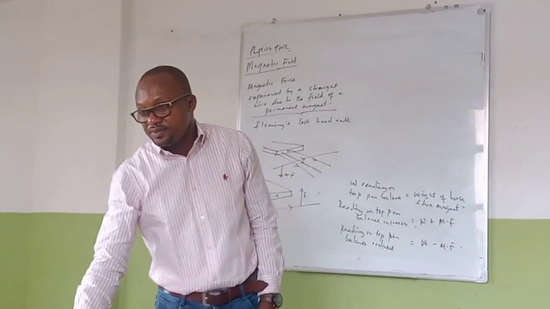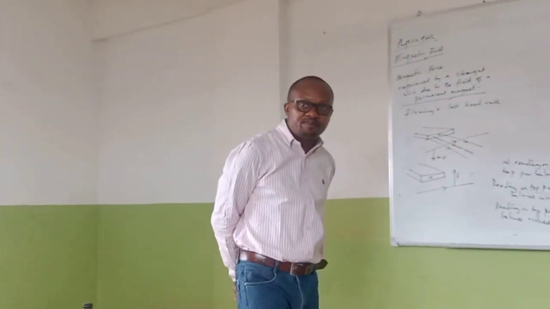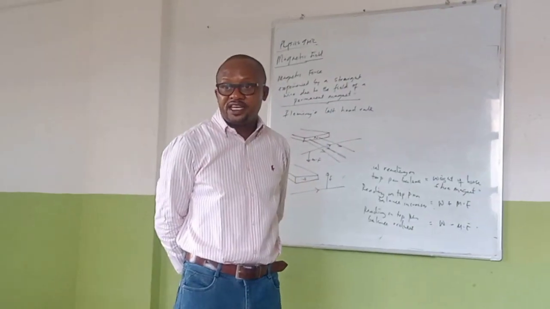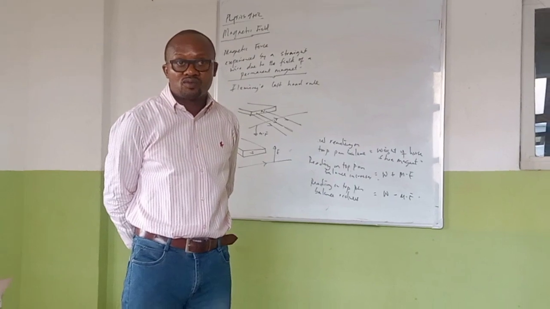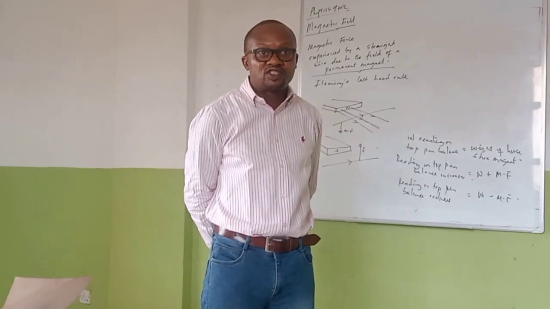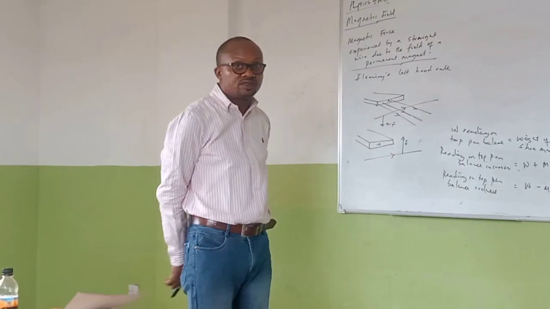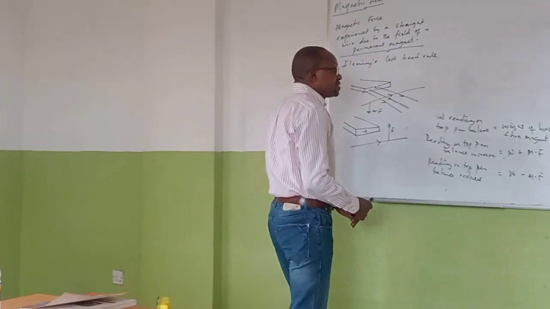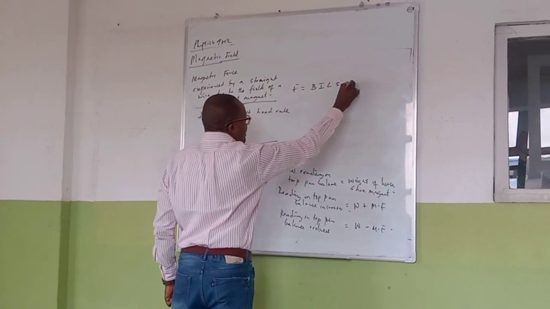So you can write: the magnitude of the magnetic force experienced by an electromagnet in a magnetic field is given as F equals BIL sin theta.